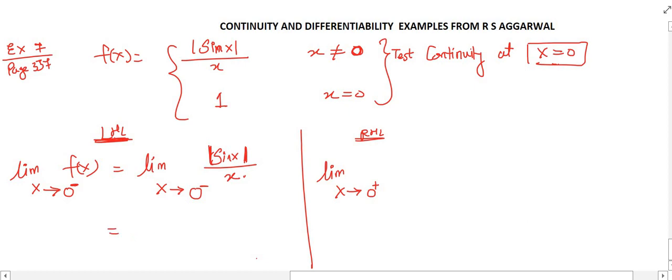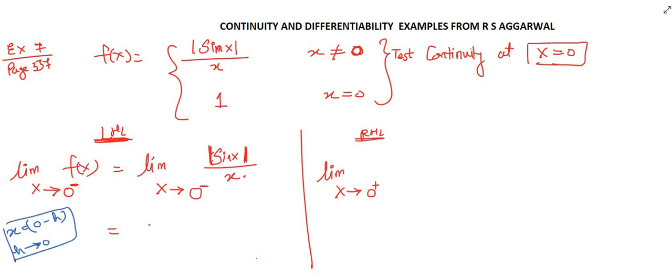For the h method, what do we do? X is replaced by 0 minus h for LHL, okay, and the limit is changing to this. This is the method to do it. So let me do it. The limit is changing from here to here. See, before, the limit was this 0 minus.